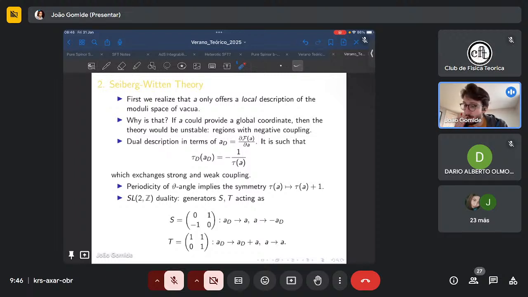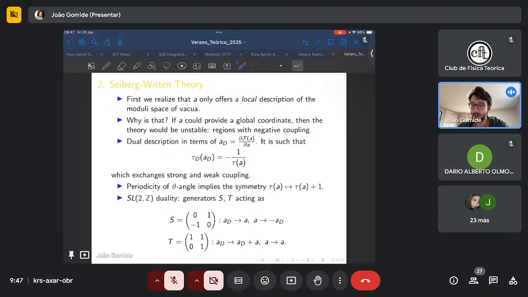The second piece of information that we have is that there's a dual description. So you can define this dual coordinate in terms of the derivative of the prepotential with respect to a. And this is also related to the coupling of the theory. What I want to say about this dual description is that you can rewrite the theory in terms of these dual coordinates a_D. So it's like you have a dual scalar multiplet.